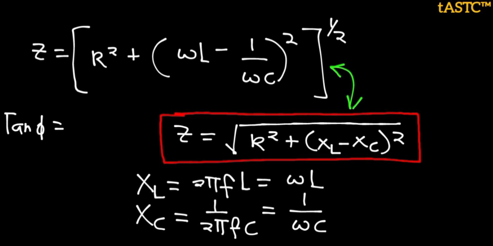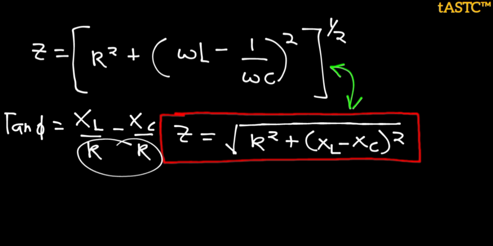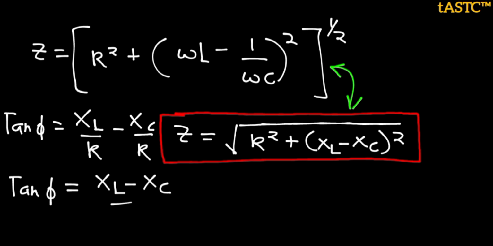That is tan phi, which is X sub L divided by R minus X sub C divided by R. And because we got this, we could take the lowest common multiple, and so tan phi will be equal to X sub L minus X sub C, all divided by R. So you just need to hold these at the back. The phase angle, this is what it is.